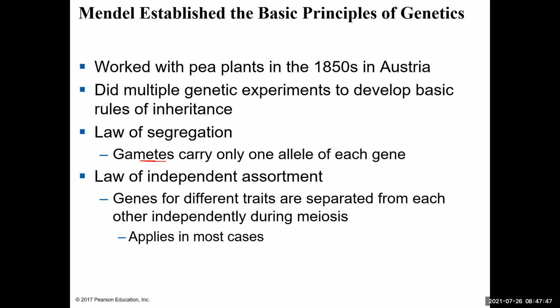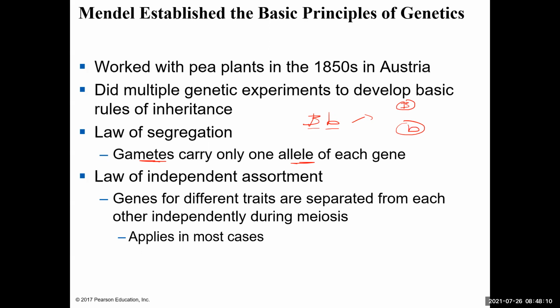And so that's that your gametes can only carry one allele of each gene. So for example, if your genotype is dominant B and recessive b, and let's say these are two sperm cells, the sperm is only going to carry either a dominant B or a recessive b.